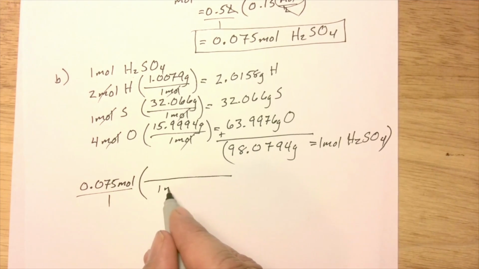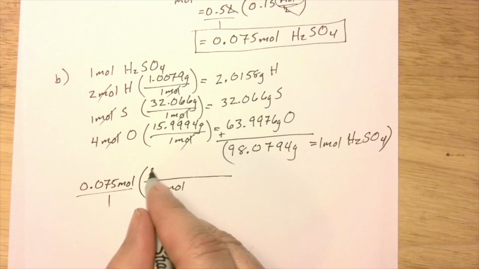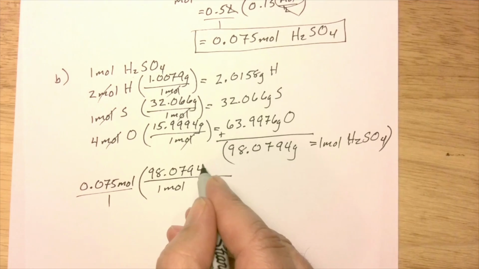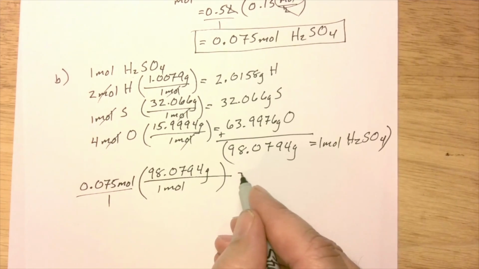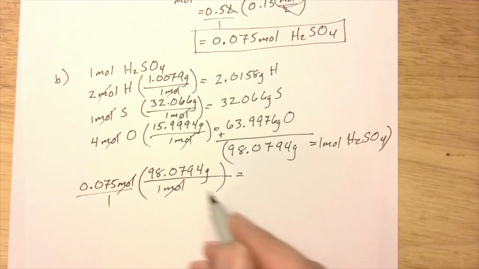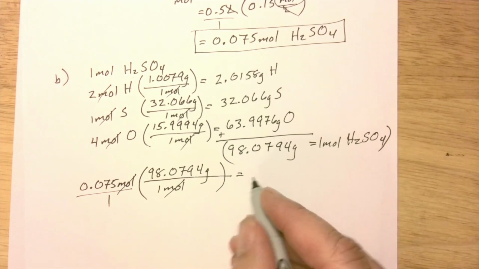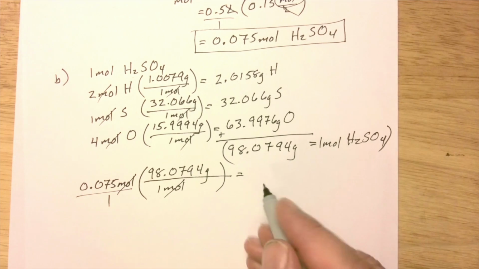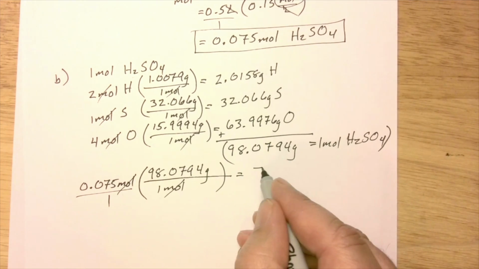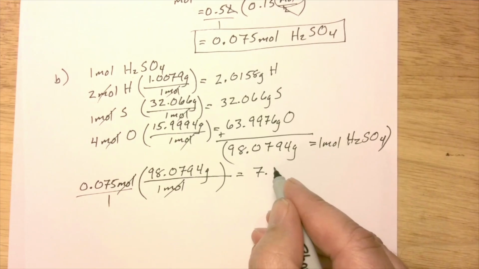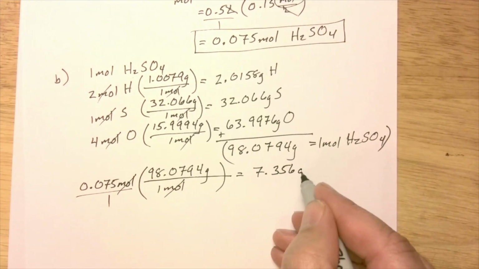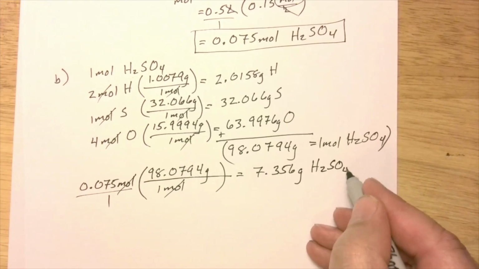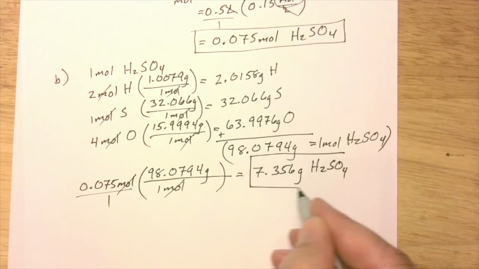So I'm going to put 1 mole on the bottom and 98.0794 grams on top. This way moles will cancel out. And so 0.075 times 98.0794 comes out to be about 7.356 grams of sulfuric acid. And that's your answer for part B.